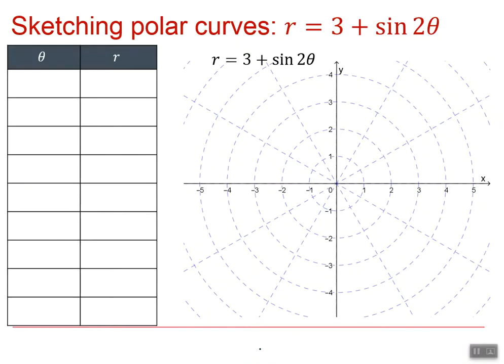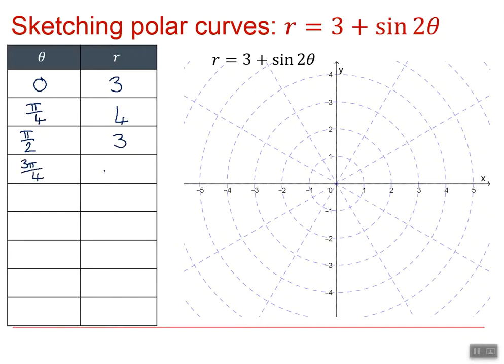Okay, so the final curve we're going to look at is this one, r equals 3 plus sine 2 theta. So we're going to look at, again, some key points, and think about what's happening with r. When theta is 0, r is 3. When theta is pi over 4, r is 4. When it's pi over 2, r is 3.